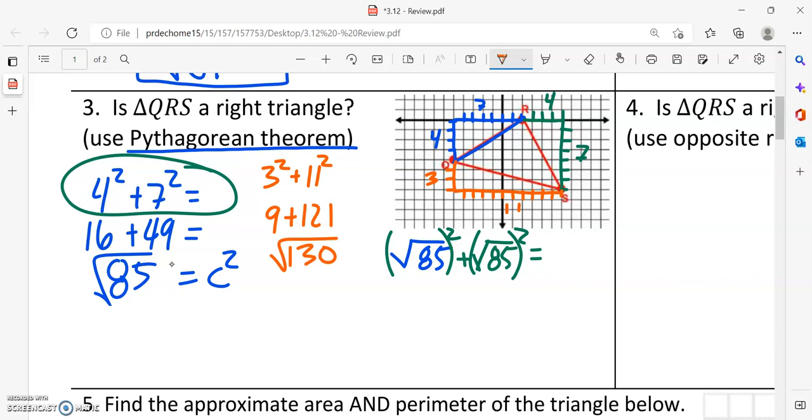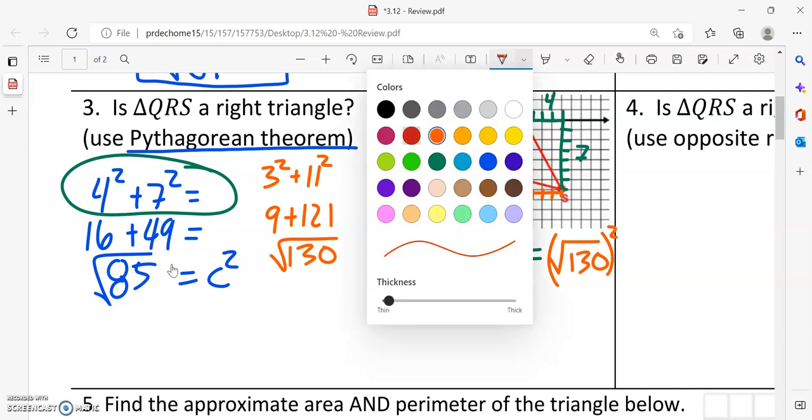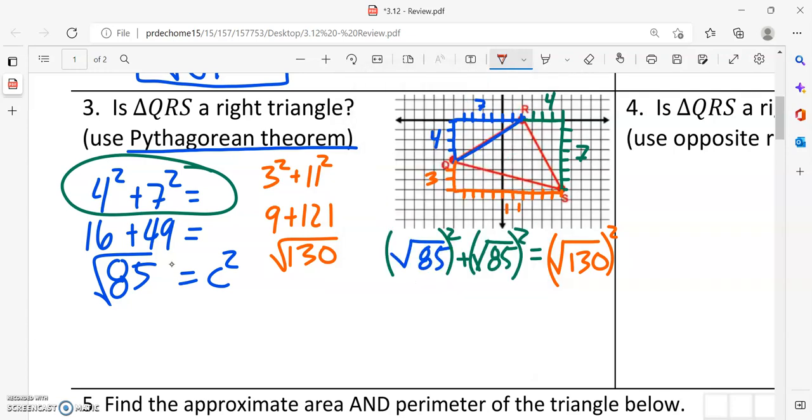So we're going to check to see if our left side equals our right side. So let's do some math. The square roots and the squareds, they cancel out all the way down. That's very convenient. So 85 plus 85. I just realized I made a mistake earlier. This is not 85.